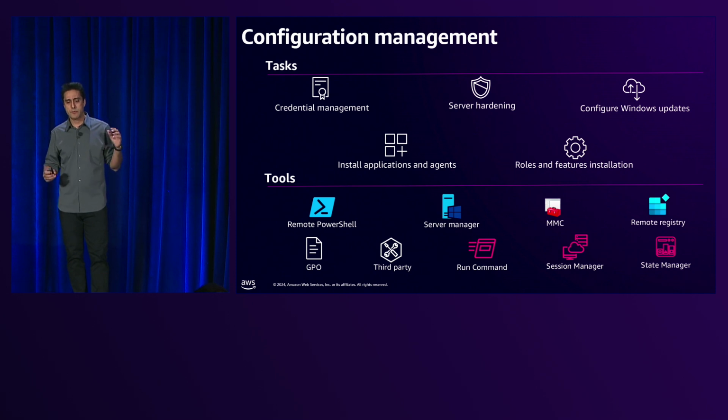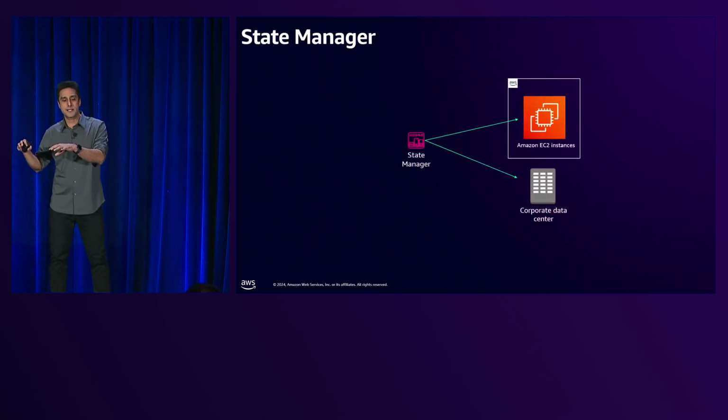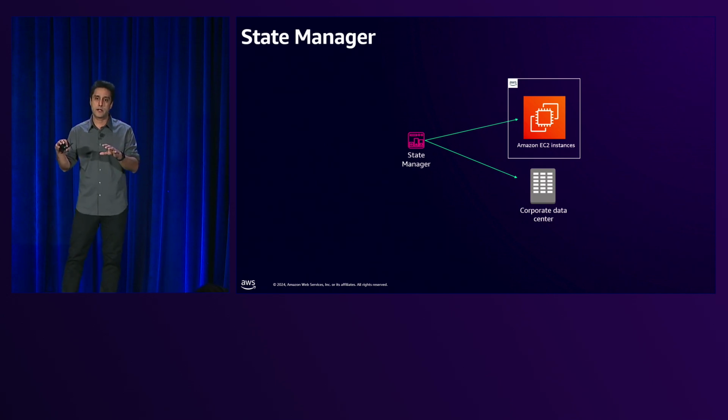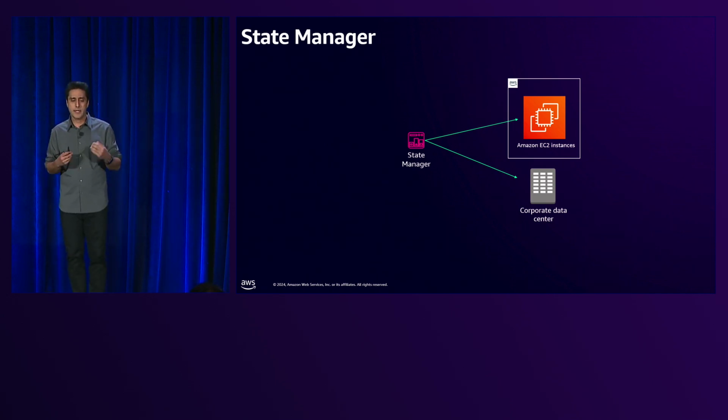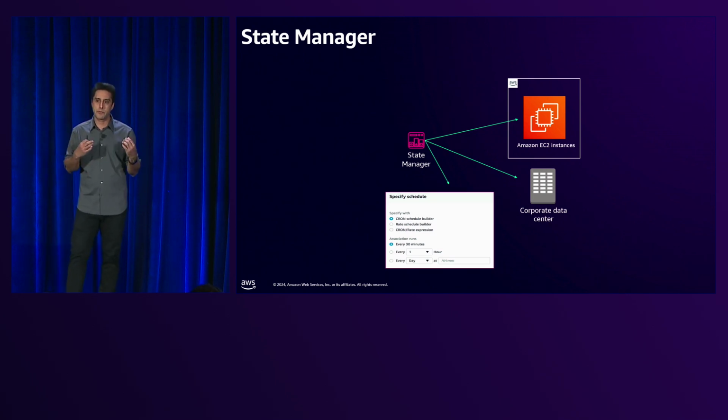With State Manager, you can basically target both your on-premises and your corporate data center instances or any other cloud provider operating systems. And it's good for when you're applying configurations at scale. Now, like any other sort of configuration management tool, you want to prevent configuration drift.